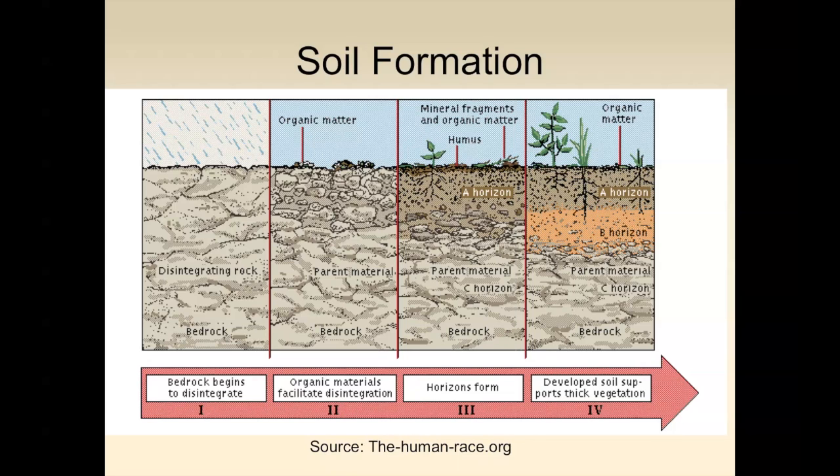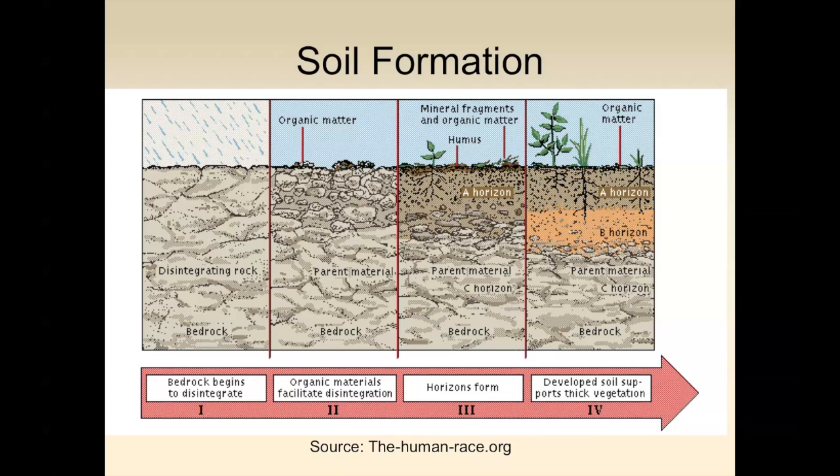You've got water beginning to penetrate down, and as that happens, more organic matter begins to take hold. The roots then go down, and then you have these formations: first of all what is known as the A horizon, then later on the B horizon, and then later on the C horizon as well. That we'll cover towards the end of this talk or in the next one.